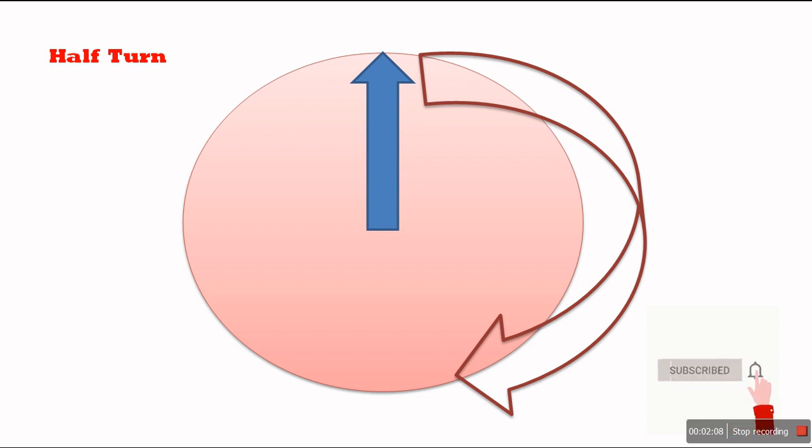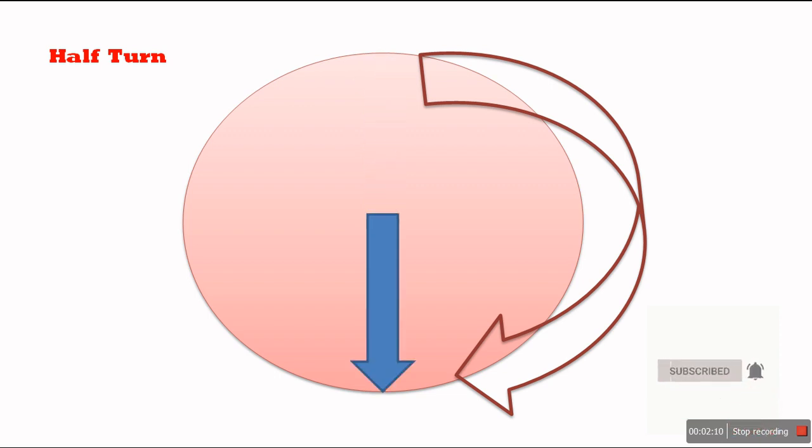If I turn it half, it appears down and opposite. So when we turn an object with a 180 degree angle, it is a half turn. So half turn sometimes makes the image opposite, and sometimes it doesn't. When is that possible? Let us see.